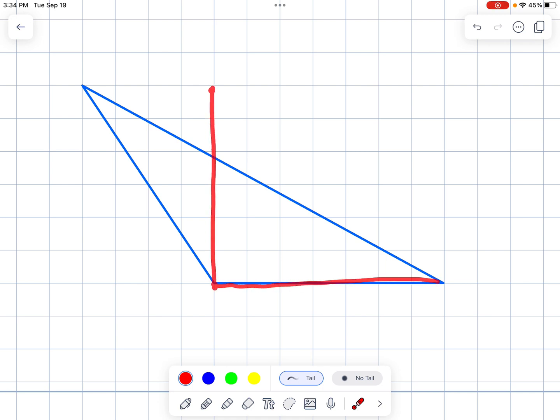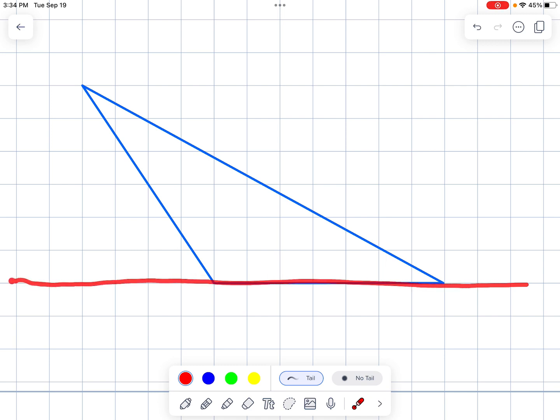So you could think about it just like this. Okay, so the base is this line on the bottom. We've got 1, 2, 3, 4, 5, 6, 7. And then going up, we could just go up to this same height of our point. That can be our height. So that would be 1, 2, 3, 4, 5, 6. The way that I traditionally think about it is if you were to extend the base so that you can go straight up to that point, we count it that way.